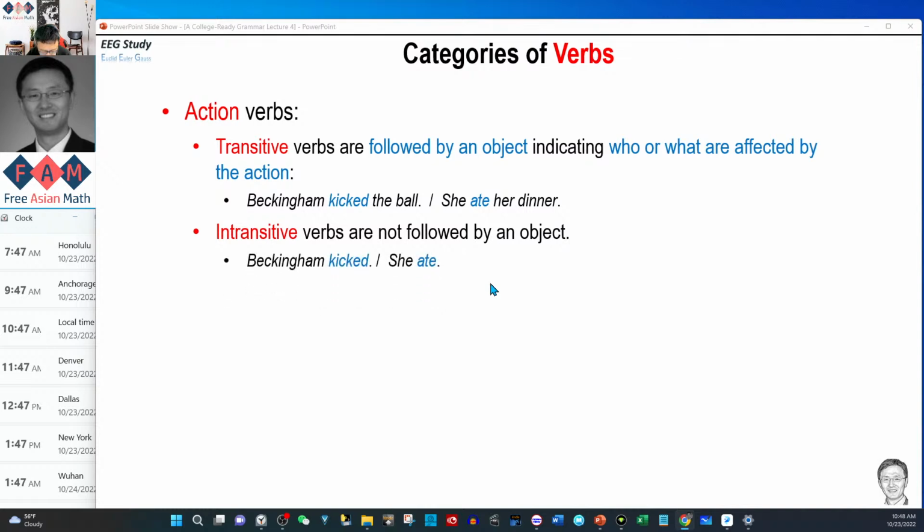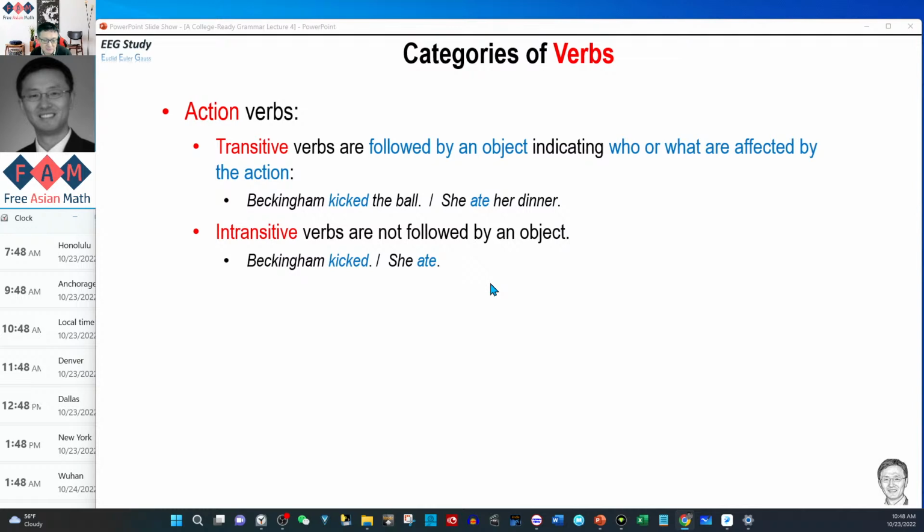So using the two examples above, we can just say Beckham kicked. Well, this kick is an intransitive verb because it does not need an object. It merely says Beckham performed this kicking action. But this kicking action essentially is the same action as when we say Beckham kicked the ball.